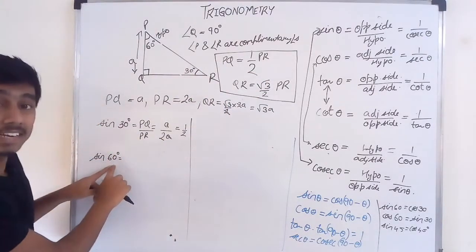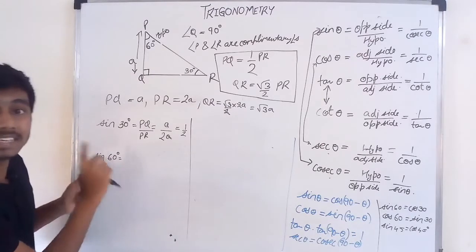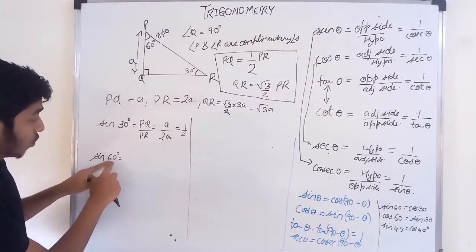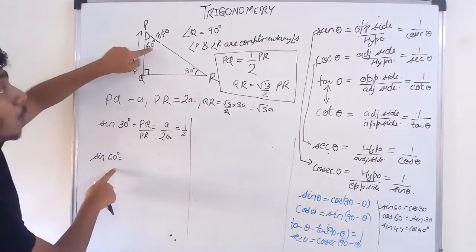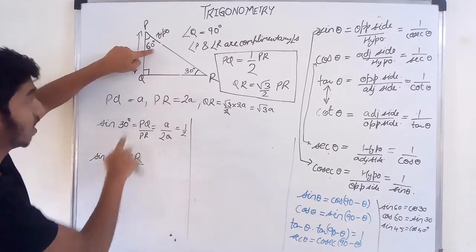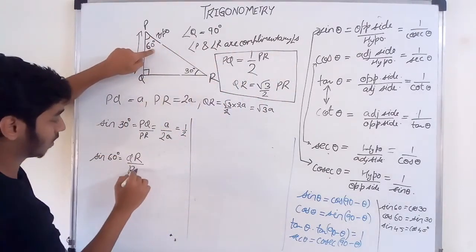And if it's given here as 60 degree, then theta here becomes 60 degree. So with respect to 60 degree, what is the opposite side? QR. So QR upon, what is it? Hypotenuse. So hypotenuse is PR.